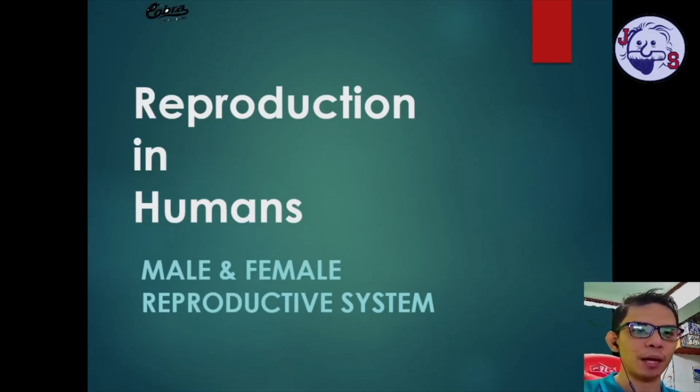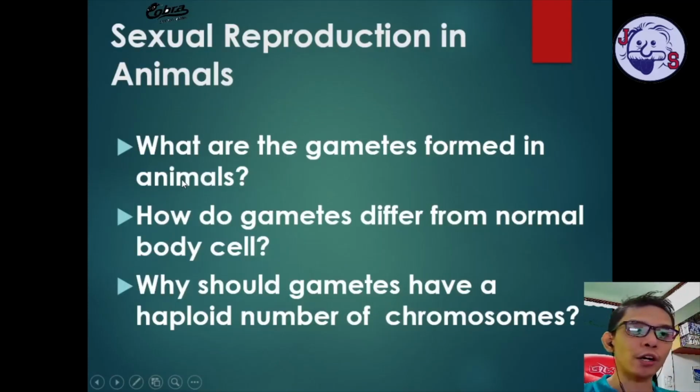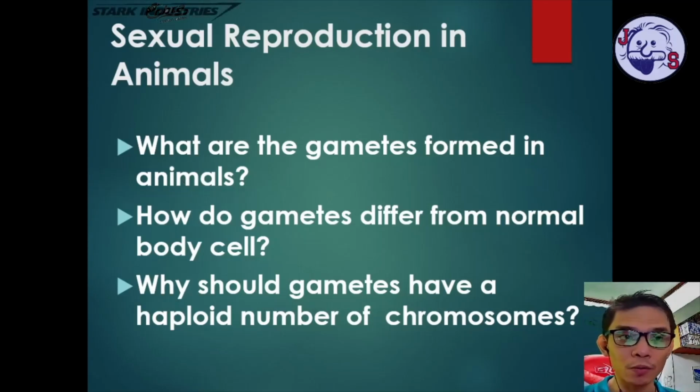Now, as a recall, what are the gametes formed in animals? As we all know, the gametes formed in animals are the sperm and egg cell, respectively. Now, how do gametes differ from normal body cells?